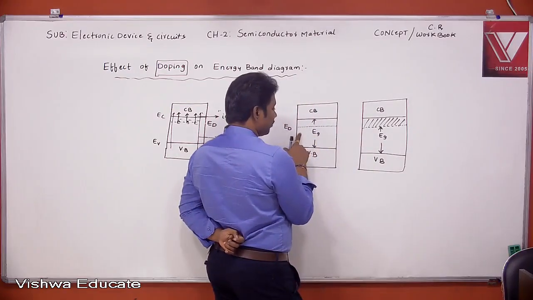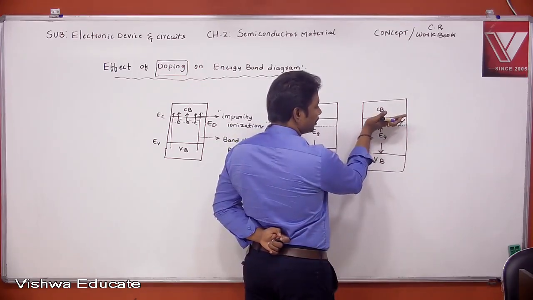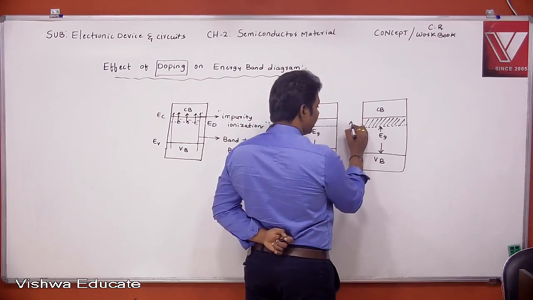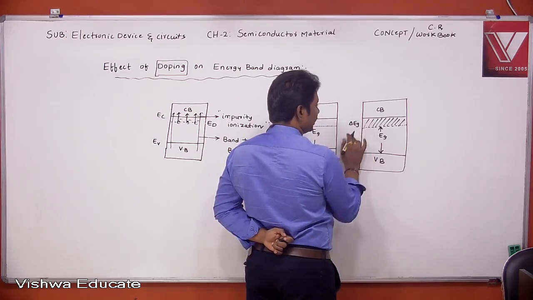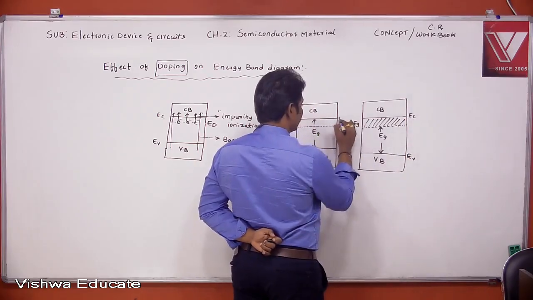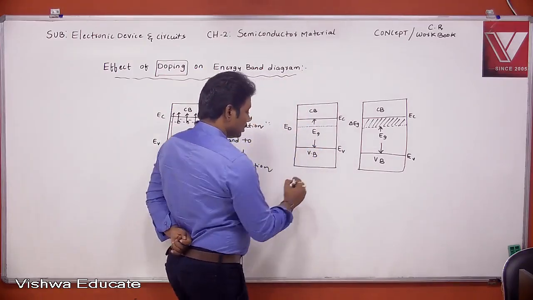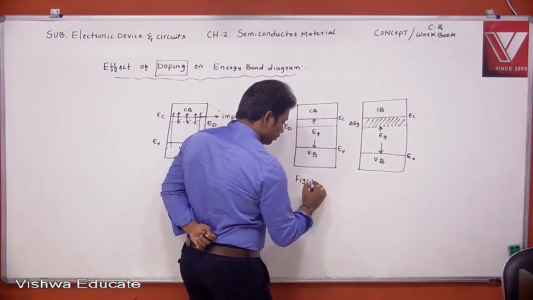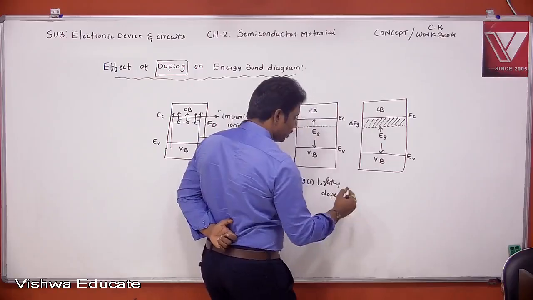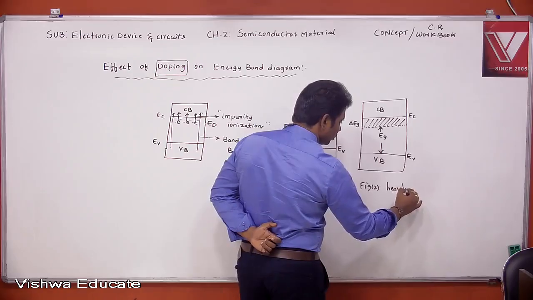In lightly doped, the energy level is a single line, but in heavily doped, multi-energy levels are formed. Due to which the energy gap is decreased by an amount of delta Eg. So this is for light doping, figure 1, and figure 2 is for heavy doping.